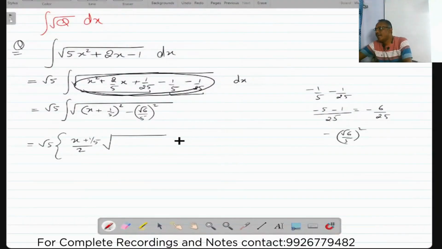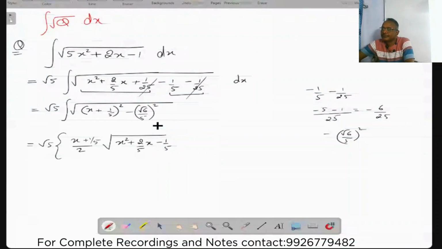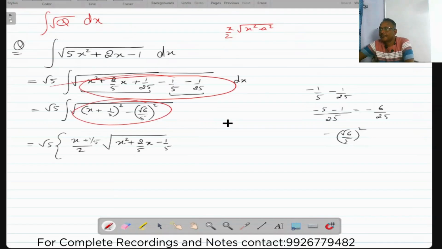So what will you have? x square, 2 by 5x minus 1 by 5, because this will cancel off. Formula says x by 2 under root x square minus a square. So x square minus a square is this. In this 25 cancels off.